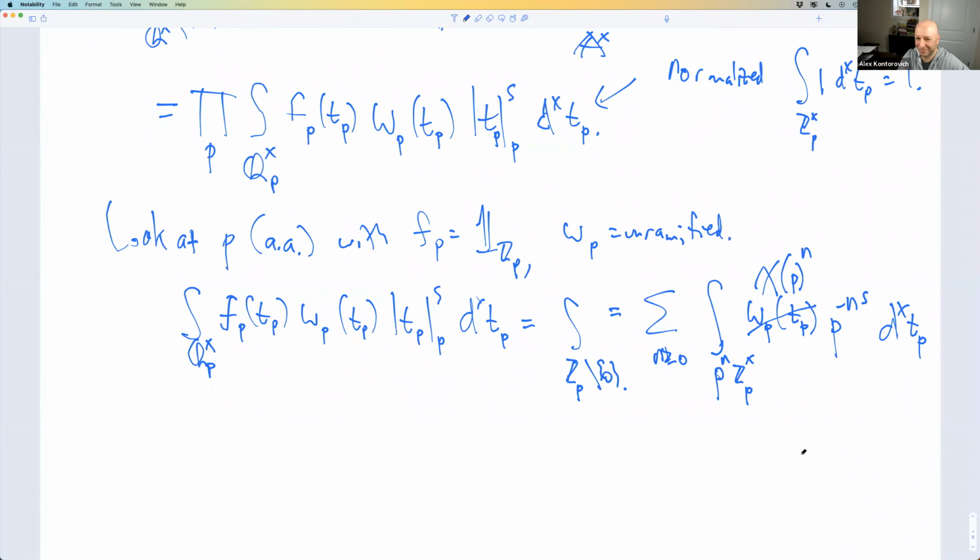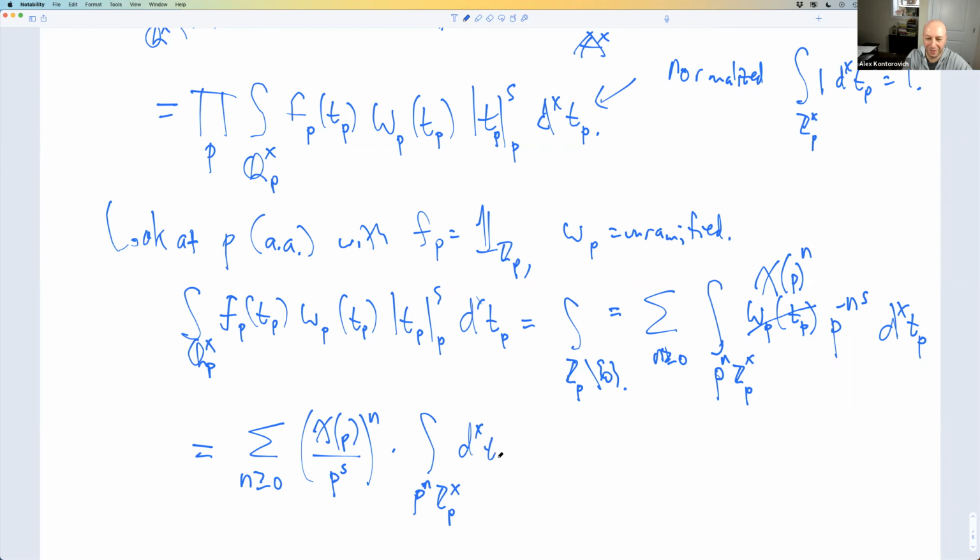And what's the Haar measure? So now I have a constant. I have a sum over n of chi of p to the n over p to the s to the n, times the multiplicative Haar measure of Z_p cross, d cross t_p.